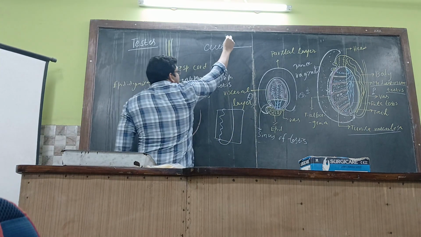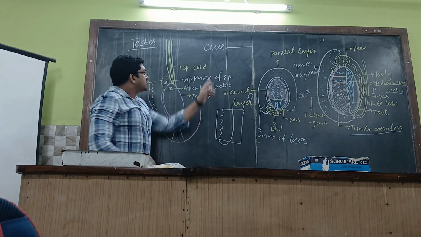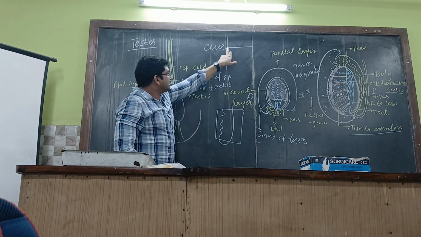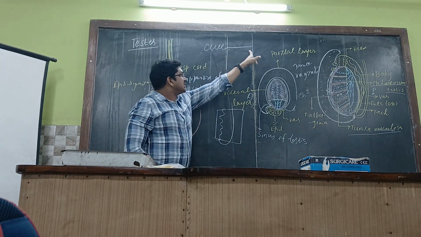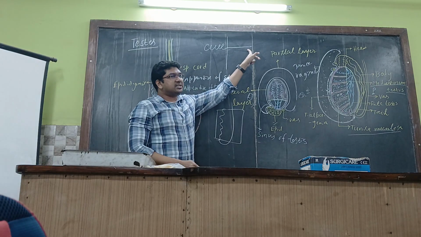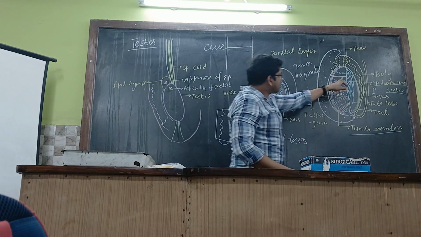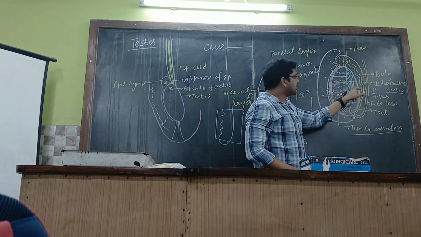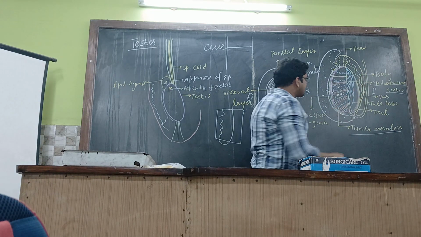So this is the mediastinum testis. This coiled part will be within the lobule of the testis, and the tubule pierces the mediastinum testis and enters into the cavity on the posterior aspect. Whenever these tubules enter over here, they are termed as rete testis. What is it?